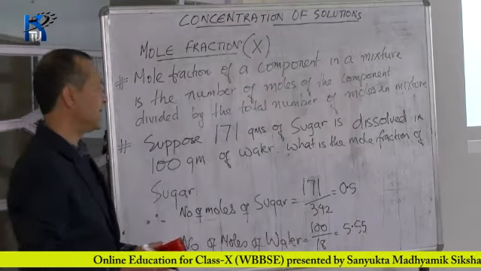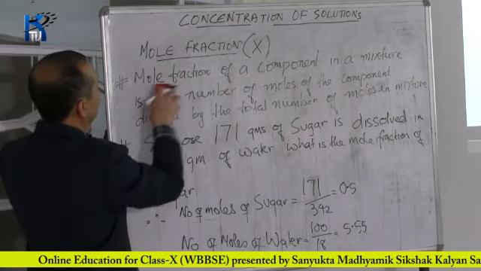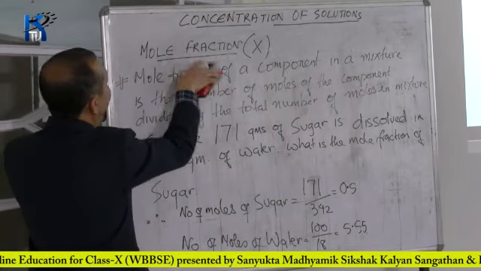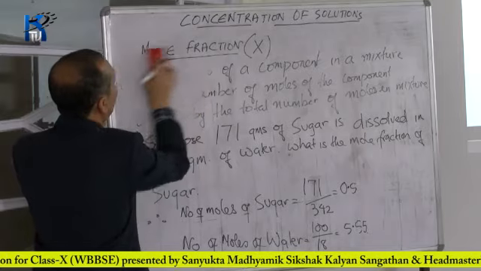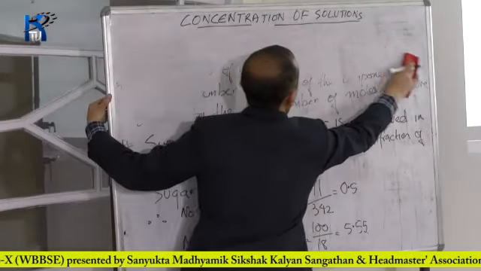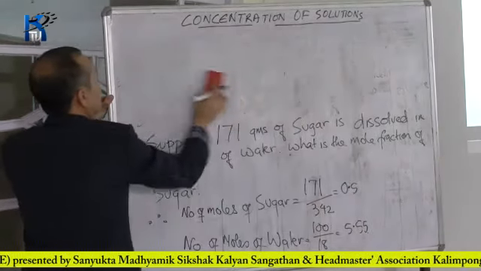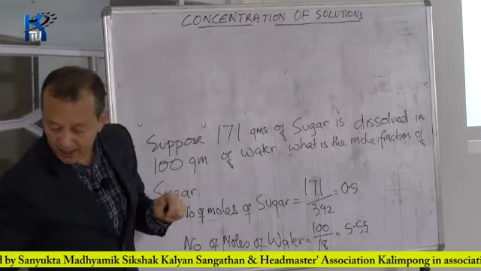Now I'll rub this small portion, you have seen this already, just to finish this calculation part. So 100 divided by 18.